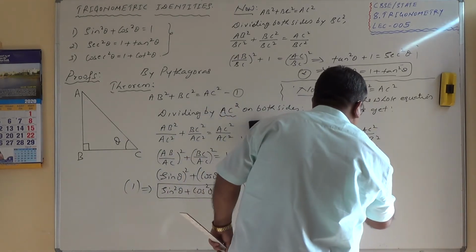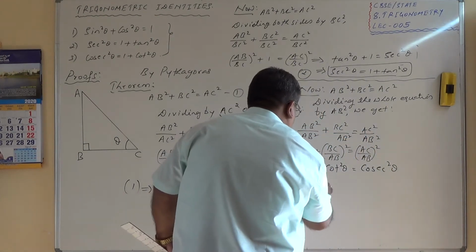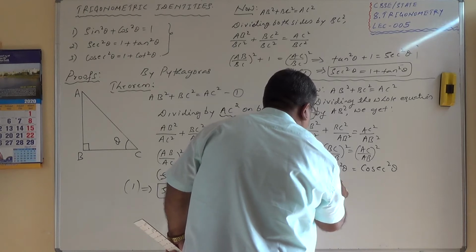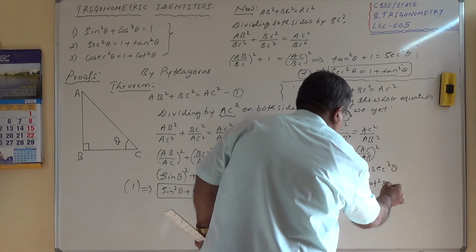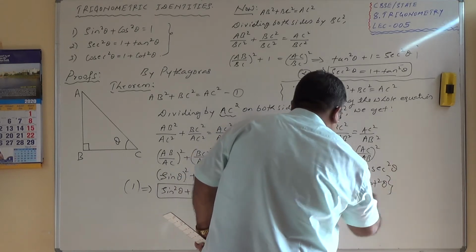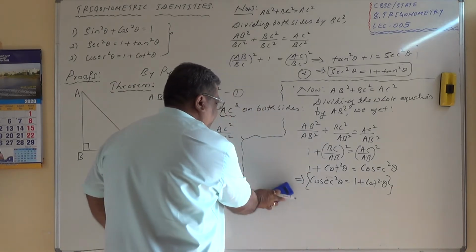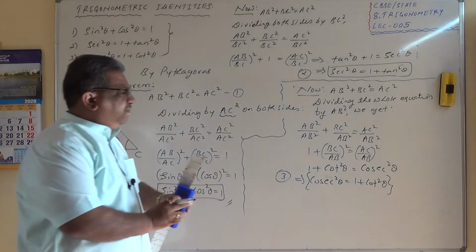So this is equal to cosec theta the whole square, cosec square theta. This is the third one: cosec square theta equals 1 plus cot square theta.